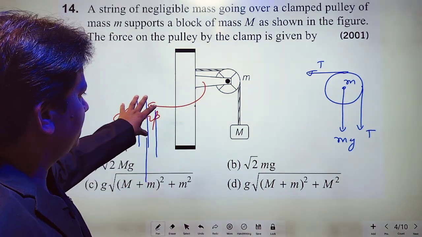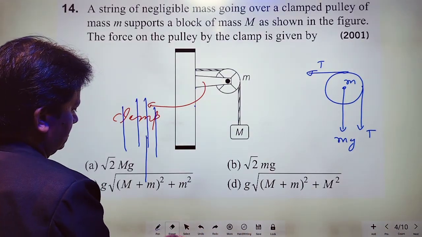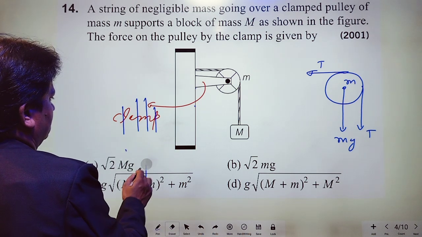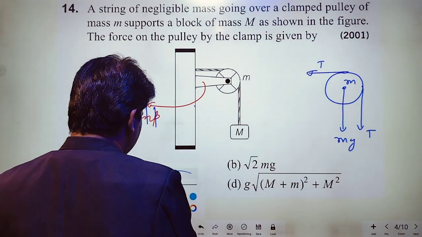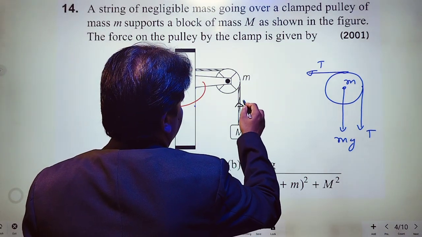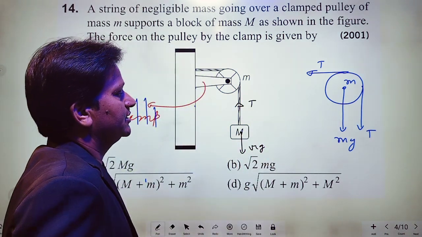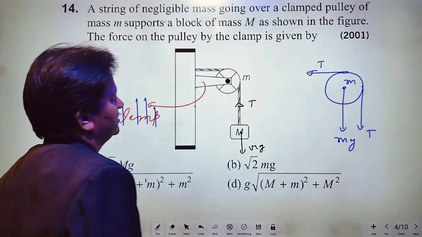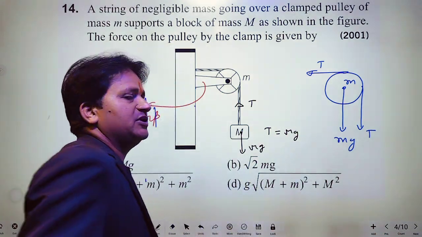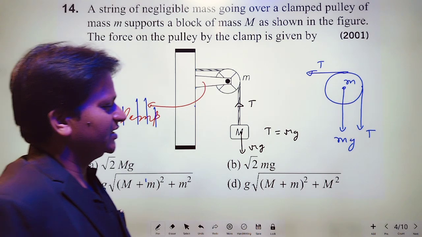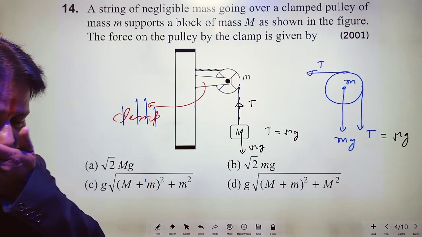Now I am going to draw the free body diagram of the block of mass capital M. This will be equal to T and this will be equal to Mg. This means T is equal to Mg because the system is in equilibrium. What will be the value of T? This will be equal to Mg.